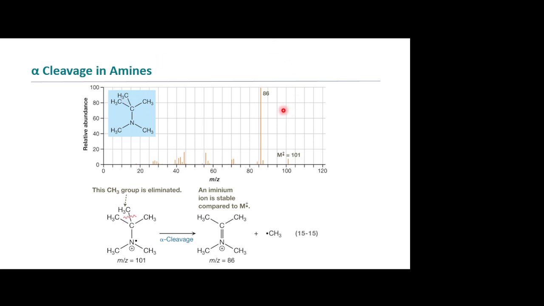How do I tell which one it is? How much does the CH3 weigh? 15, yeah. So I look here and I notice it's 15, and that indicates a methyl loss.